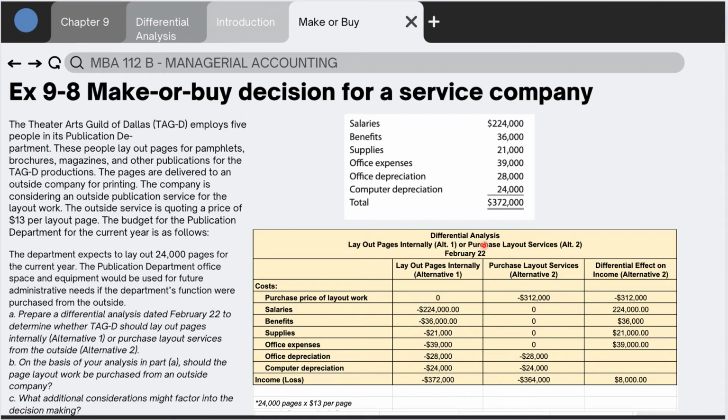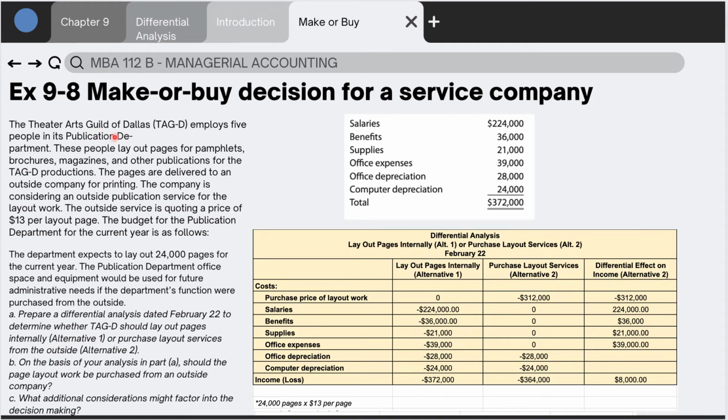Exercise 9-8, make or buy decision for a service company. Here, we are required to prepare a differential analysis to determine whether TAG D should lay out pages internally or purchase layout services from the outside.